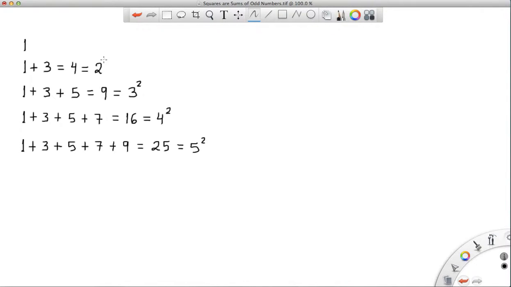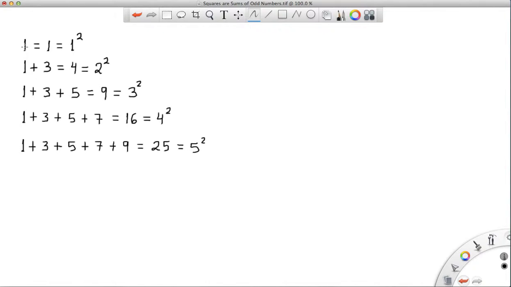And in the first row, when we had only a single number, the first odd number, just 1, if that's all we are adding, then the sum there is just 1. That's all we have. But 1 is also a square number because it's 1 times 1, so this is the square of 1.